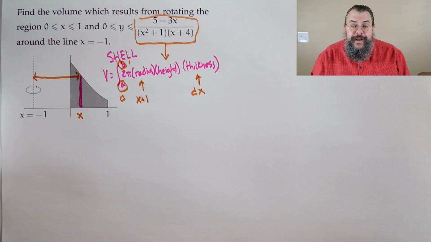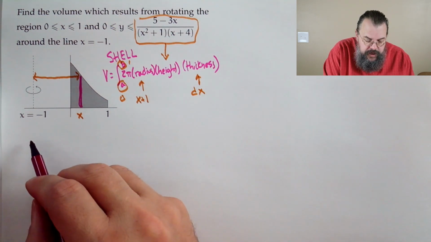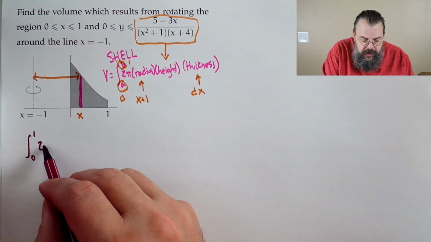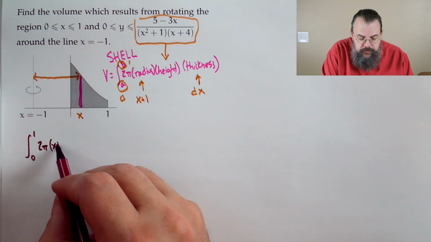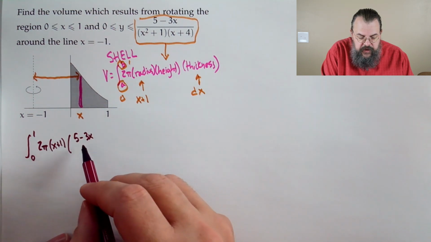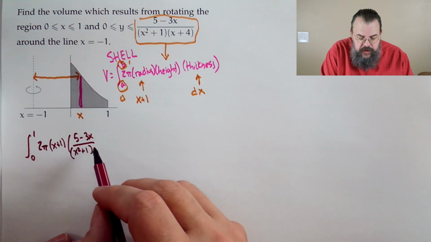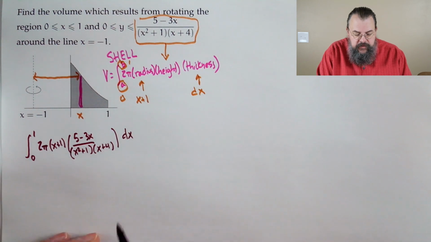All right, well, great, wonderful. Let's see what we can do here. So we get the following. Our volume is going to be the integral from 0 to 1 of 2 pi times x plus 1 times 5 minus 3x over x squared plus 1 times x plus 4, dx.